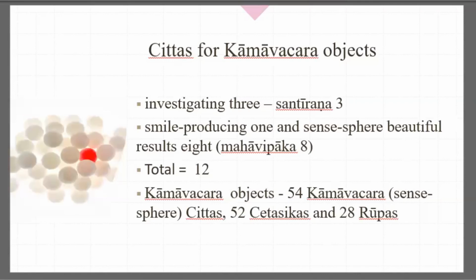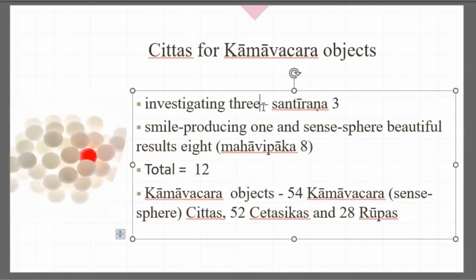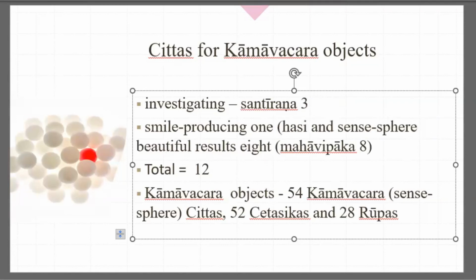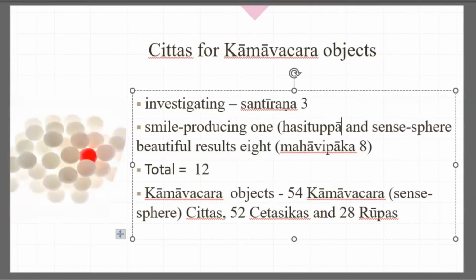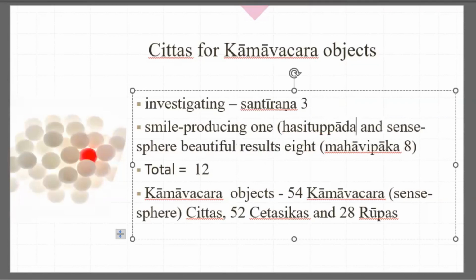Can you remember? After Sampatichana, we learn Santirana, investigating consciousness. How many investigating consciousness? There are 3. And smile producing consciousness. What is the name for smile producing in Pali? Hasituppada.